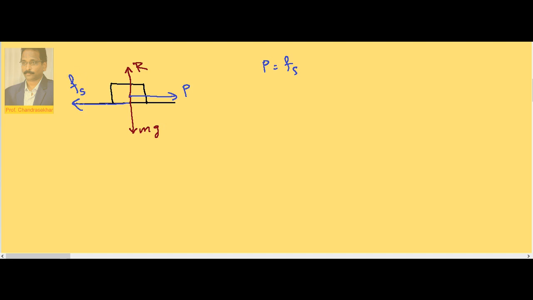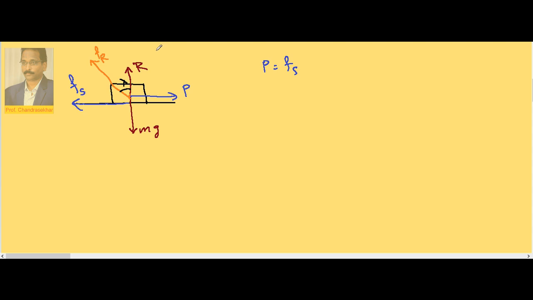Now calculate what is the resultant of normal reaction and frictional force. This is one force, this is another force. If I calculate, the resultant will be like this. I'll call it Fr. It is the resultant of normal reaction and limiting friction. What is the angle made by this resultant? Let us say lambda.